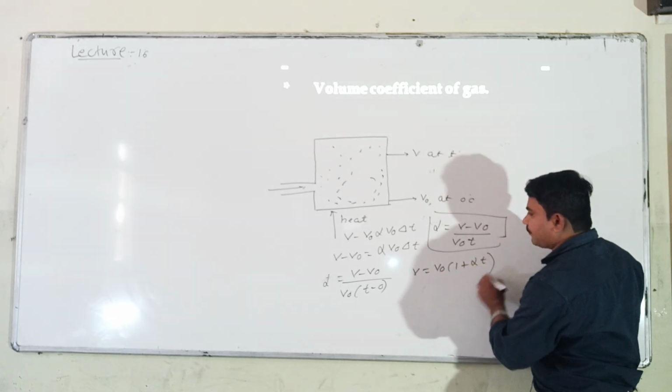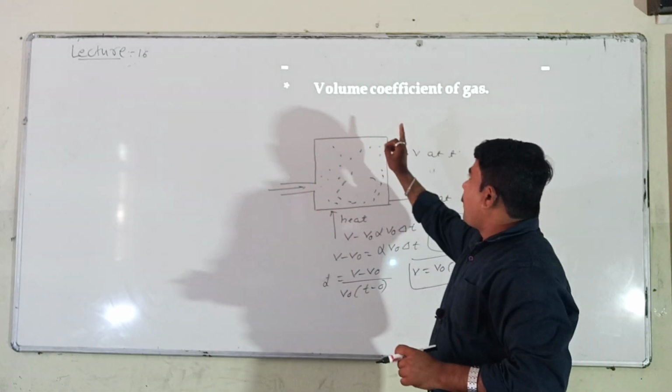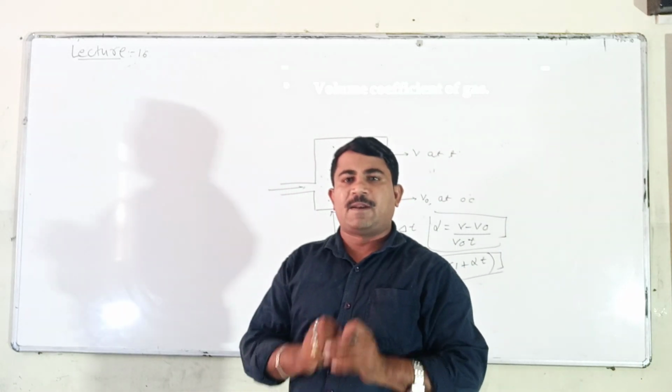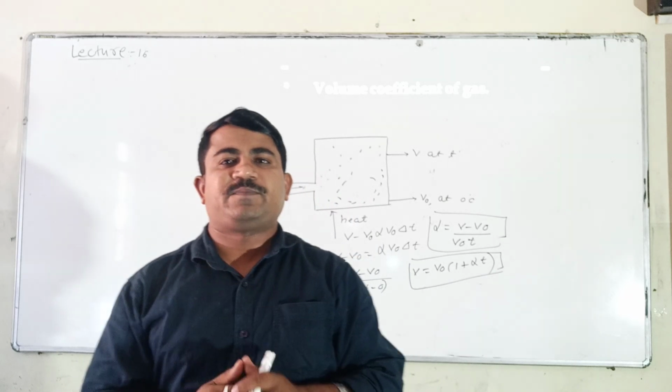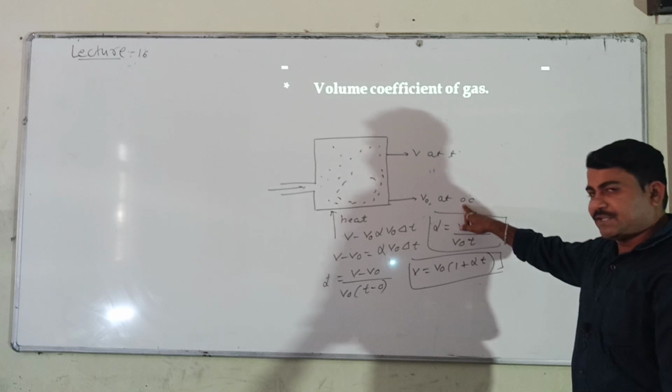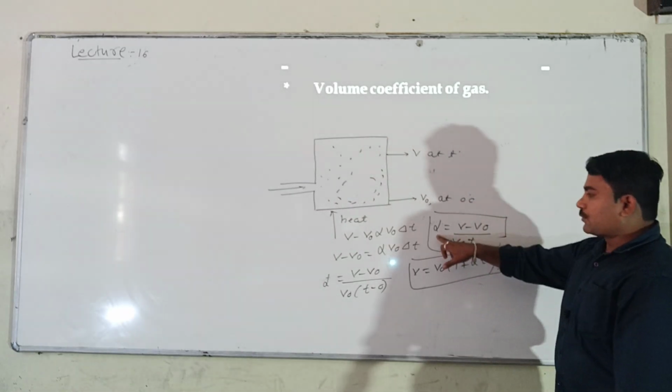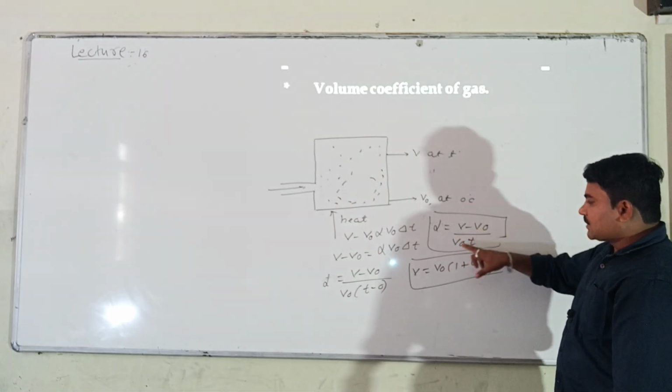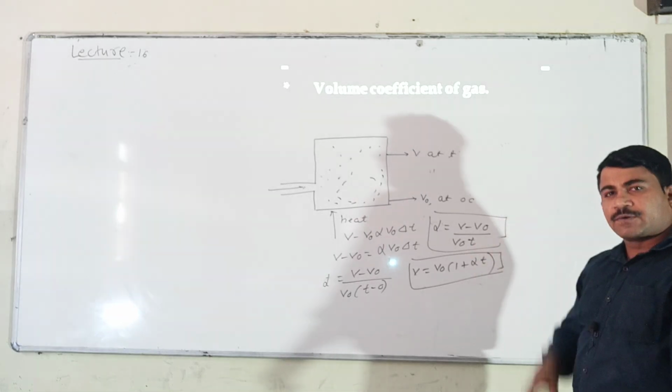But students, this volume coefficient of the gas alpha has two values. Initially, the temperature is 0 degrees Celsius. At 0 degrees Celsius, alpha is equal to V minus V0 divided by V0 into T. It is one value.